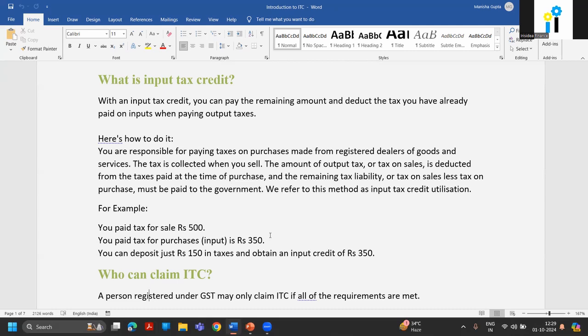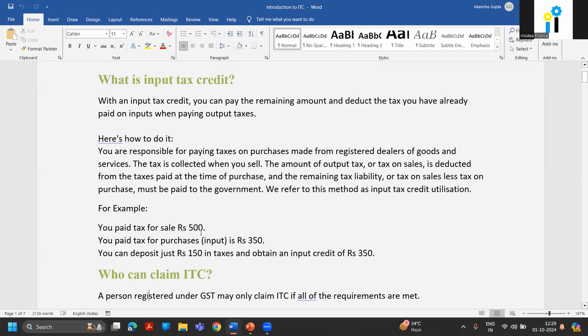Whenever you purchase something, the tax you pay at that time is called input tax. You can take input tax as credit and utilize it for your tax payment. For example, suppose you have to pay tax on sales where output tax is 500 and input tax is 350.